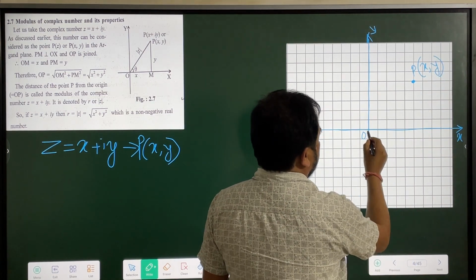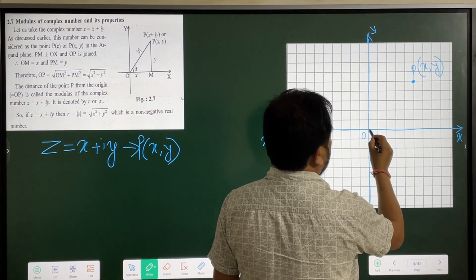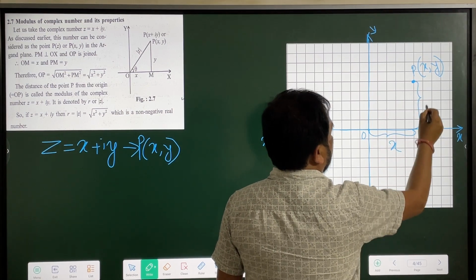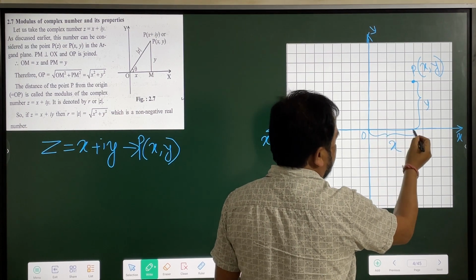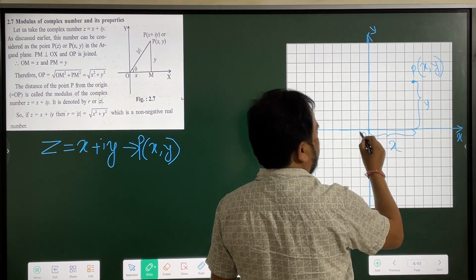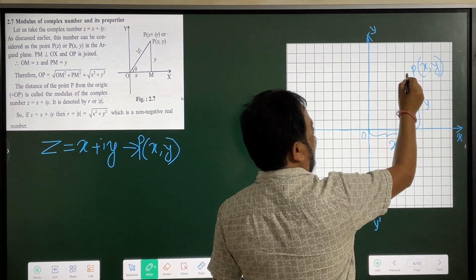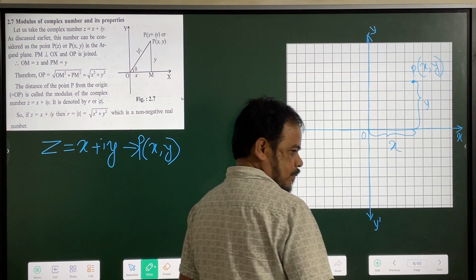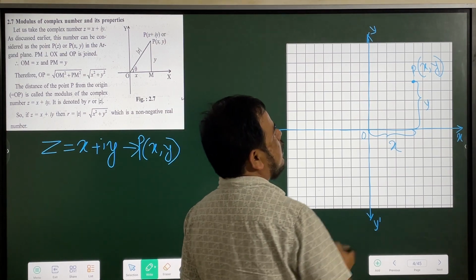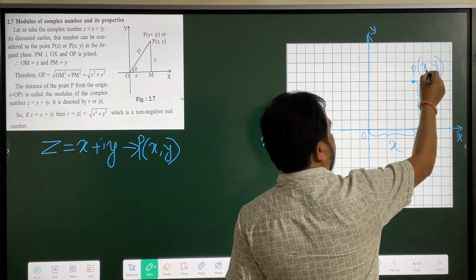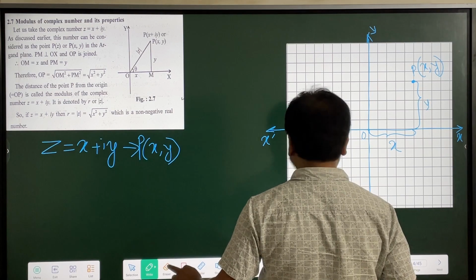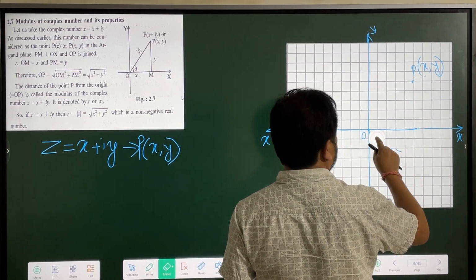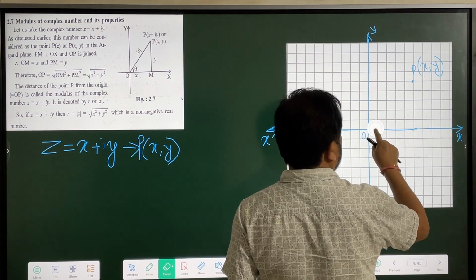It means from here to here is x, and from here to here is y. We count x this side and y upward. So any point P is taken, the coordinate of that point P is x comma y. I hope you understand.